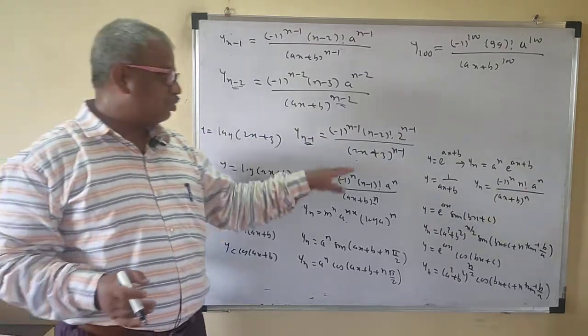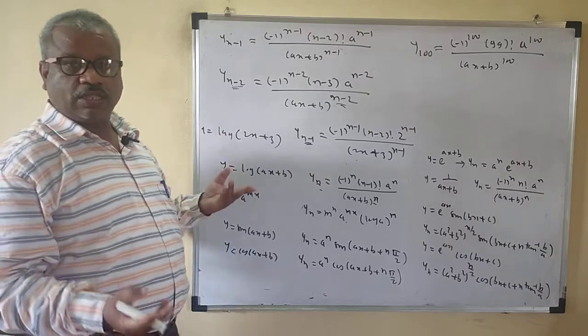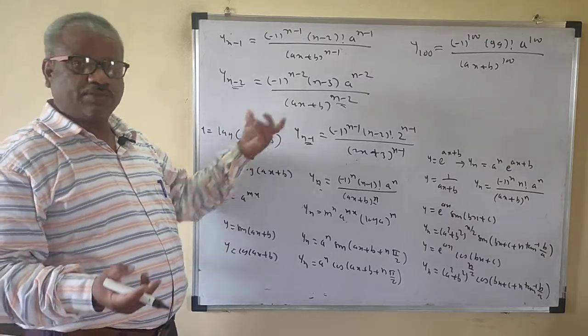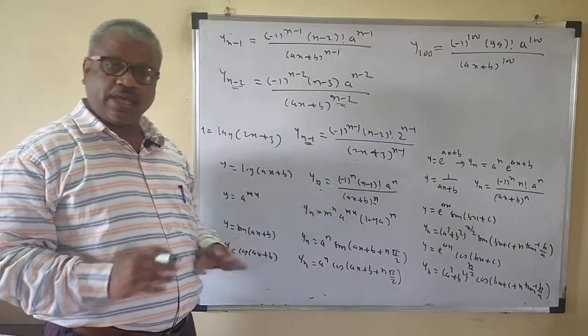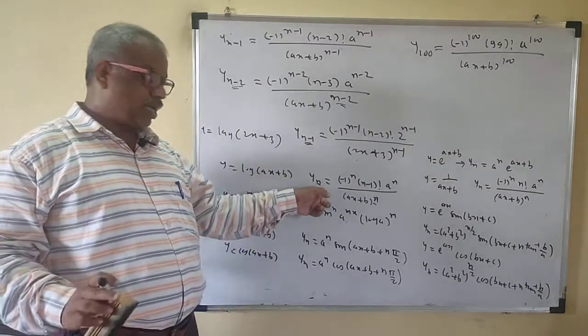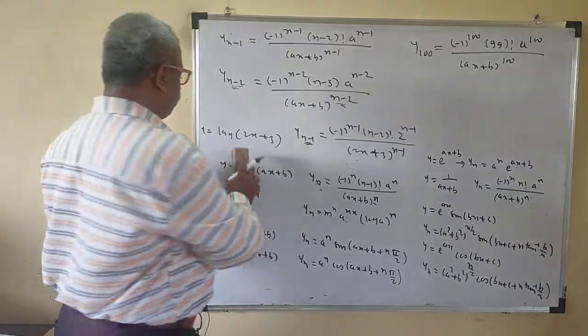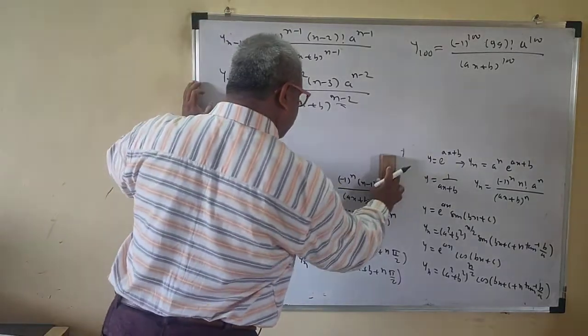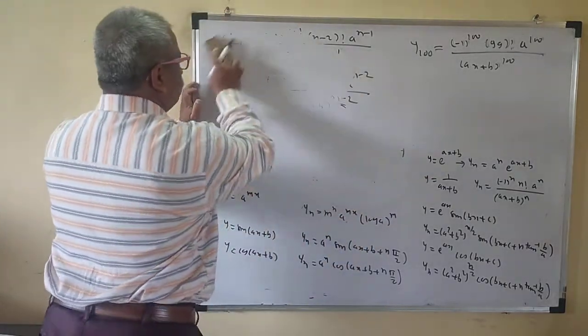You can write y_2, y_100, y_101, y_1001, something like this. Just replace n by your figure. So take care of this. This is the formula for n. This is the application of this formula.